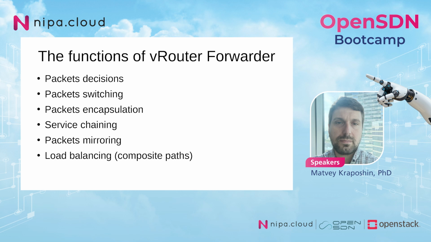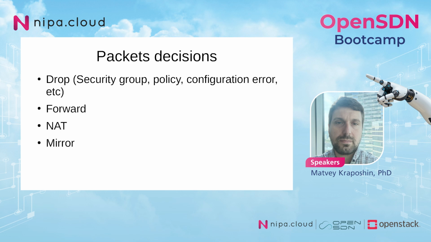For example, if we want to divert some traffic from one virtual machine to another virtual machine, then vRouter forwarder does this work for us. It is also used for packet mirroring and load balancing. Load balancing was mentioned at least several times yesterday and today. So I hope you are more or less familiar with the term of load balancing.